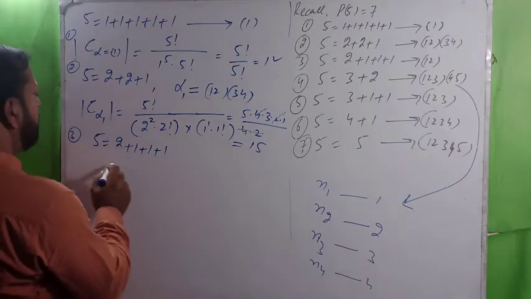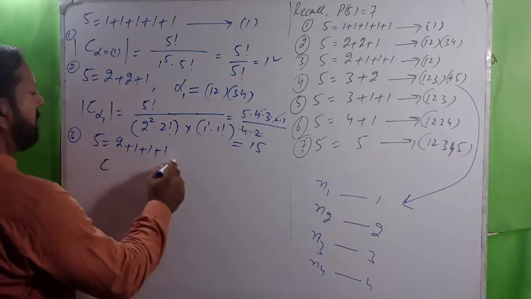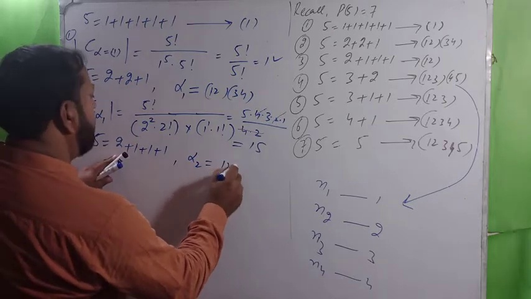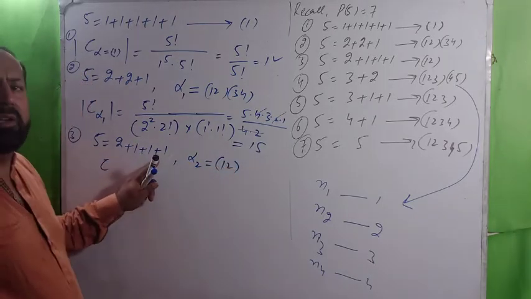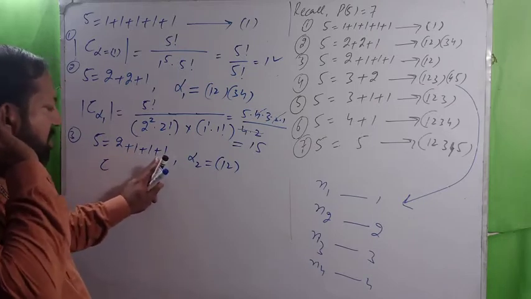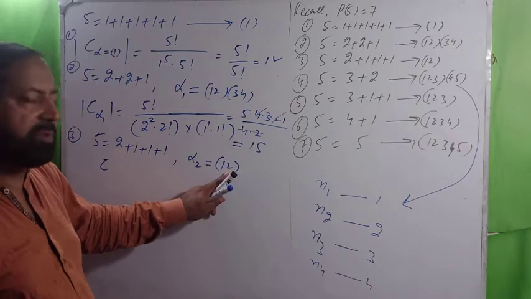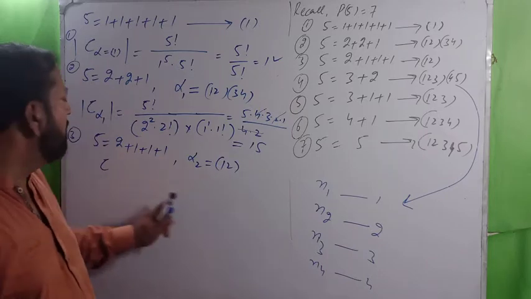What is the formula? Alpha 2 is of the type (1,2). Of course this 1, no need to write 1, but they will contribute in finding the number of elements in its conjugacy class. That how many elements are present in its conjugacy class, you have to see.